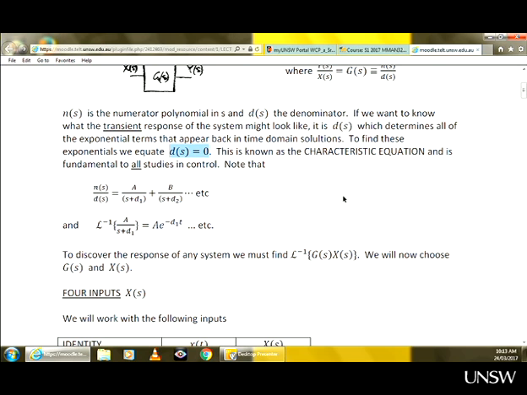Roots help us factorize the denominator. And then if you remember partial fractions, once we factorize the denominator, we can break this transfer function into a sum of first or second order transfer functions.